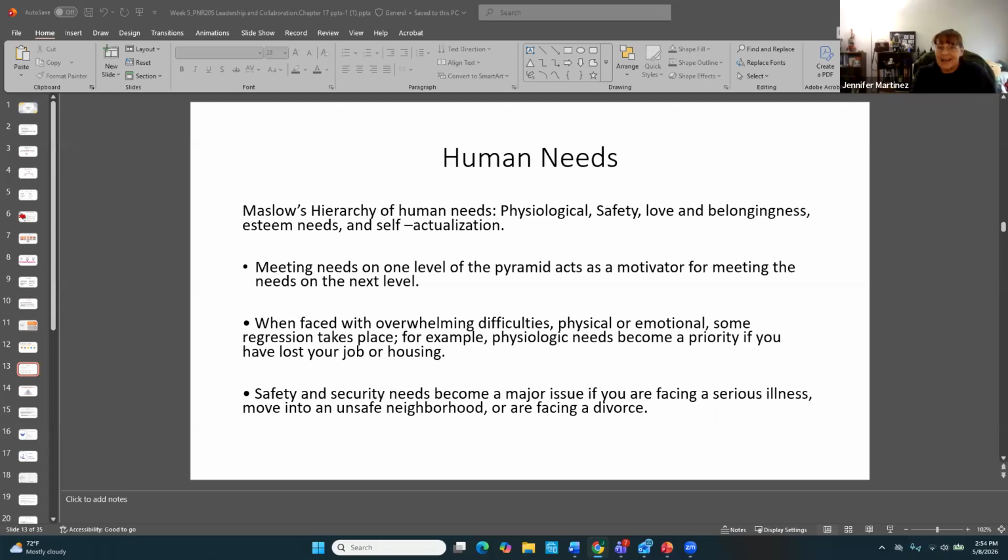And so that is a huge motivator. Like I said, once we reach those goals, then we can move on to the next level. Safety and security becomes an issue if you're facing a serious illness, moving into an unsafe neighborhood, facing a divorce, things like that. So again, meeting needs on one level is going to be a motivator to meet the needs on the next level.